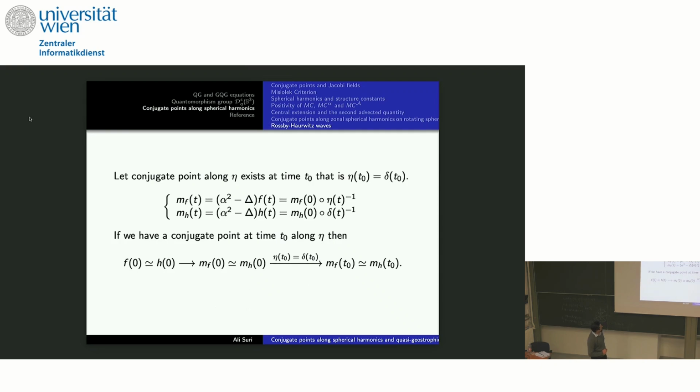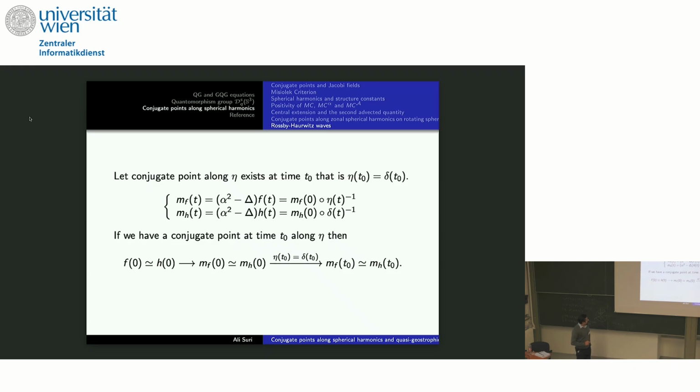This is the potential vorticity for function f and for function h. It is conserved along the flow, with and without this term, in the sense that when you know the geodesic and the potential vorticities at time 0, then you have them at time t also.